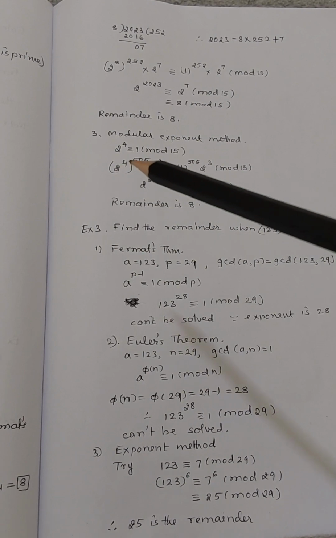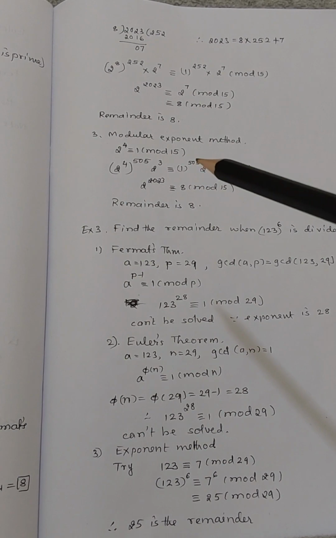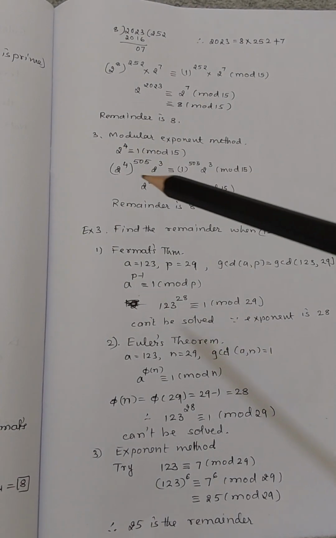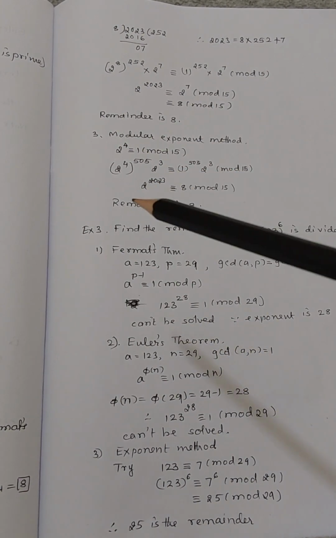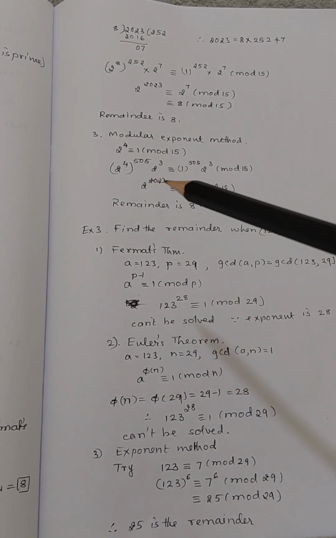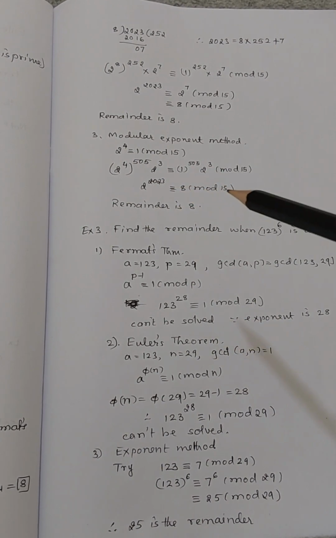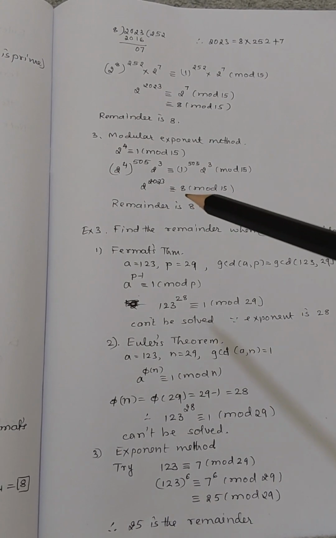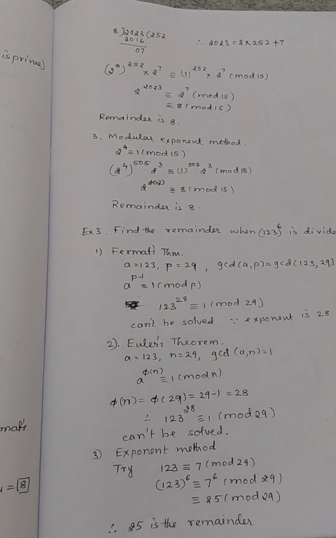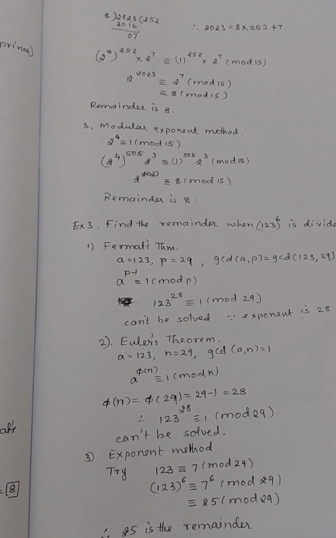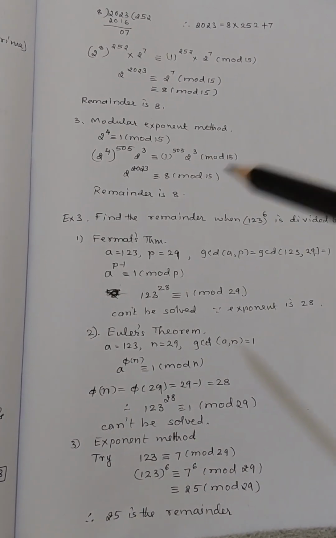So 2 power 4 is raised to 505 on both sides, and then we multiply both sides by 2 cube, so that it becomes 2 to the power 2023, and the right side is 2 cube, which is 8 mod 15. So the remainder is 8. So both give the same remainder, but Fermat's theorem cannot be applied here because the modulus is not a prime number.